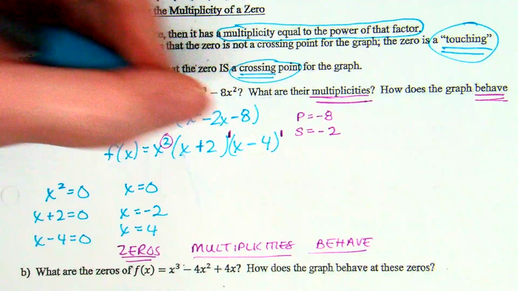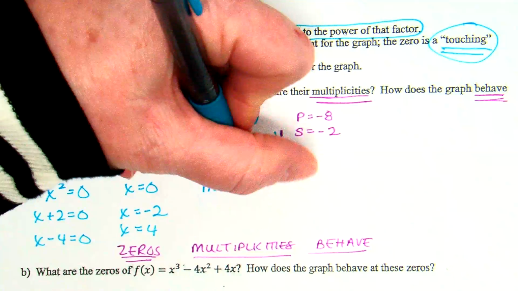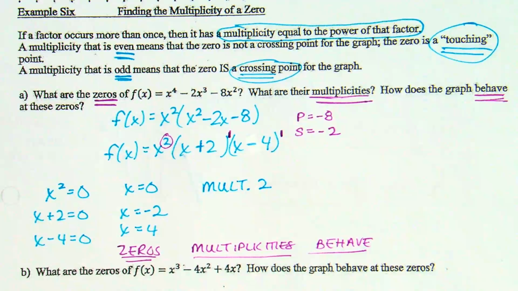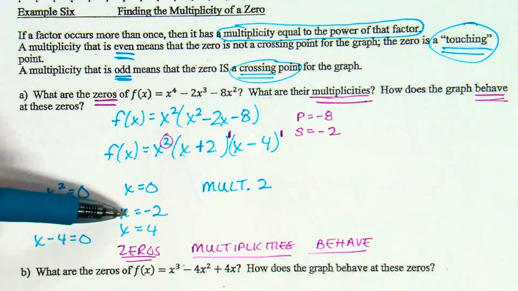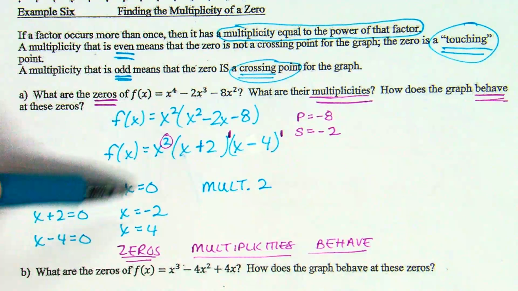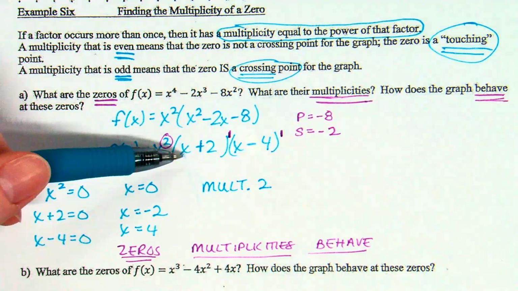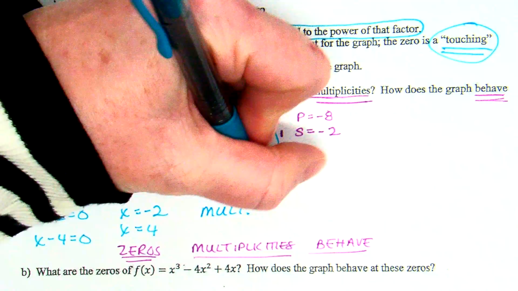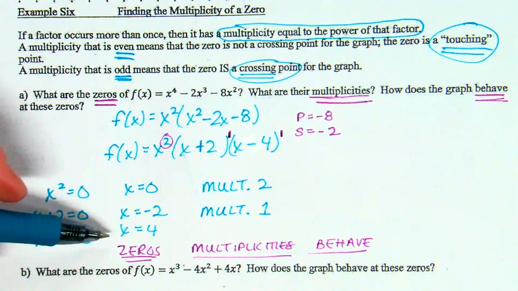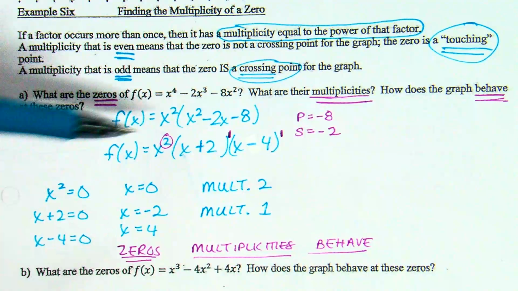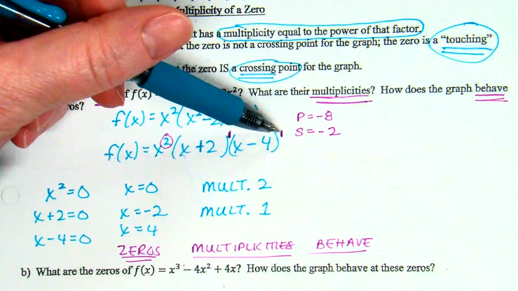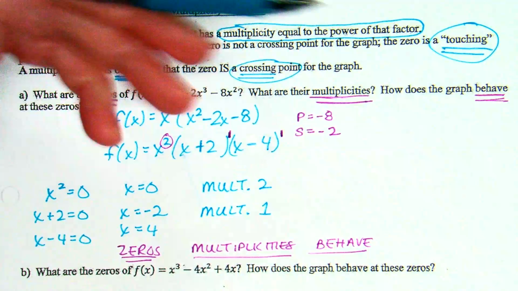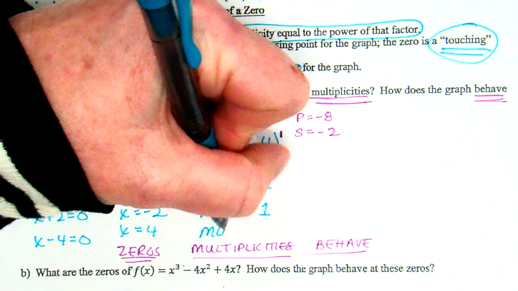So that means there is a multiplicity of 2. When we had x equals -2, that came from x plus 2. What was the power on the parenthesis? 1. So I have a multiplicity of 1. And x equals 4 came from x minus 4. What was the power on the parenthesis? 1. So a multiplicity of 1.